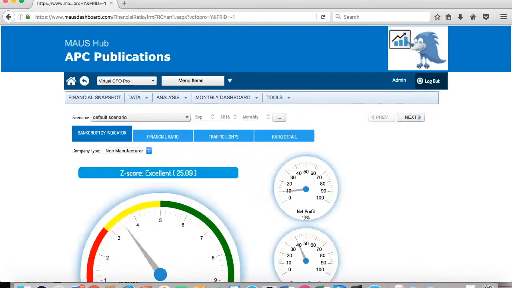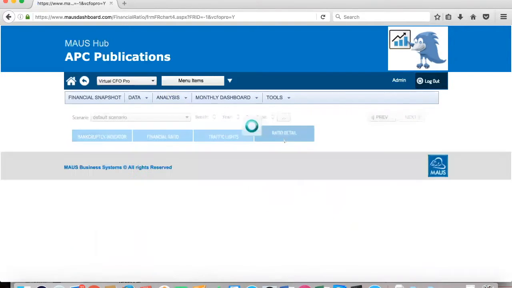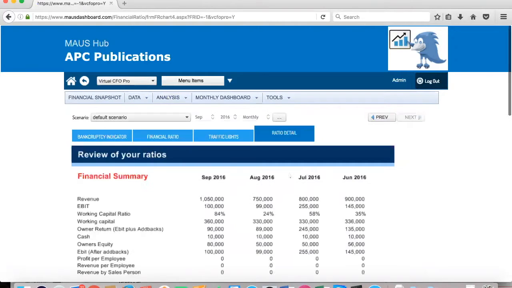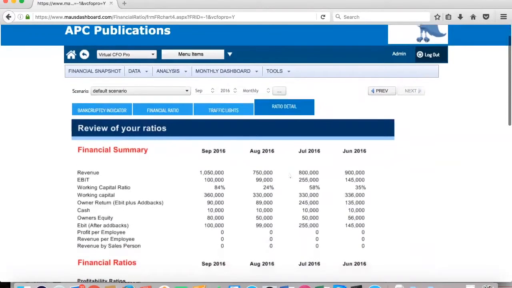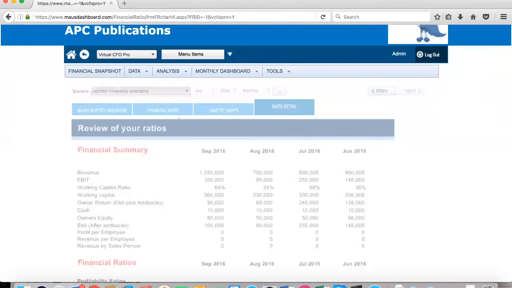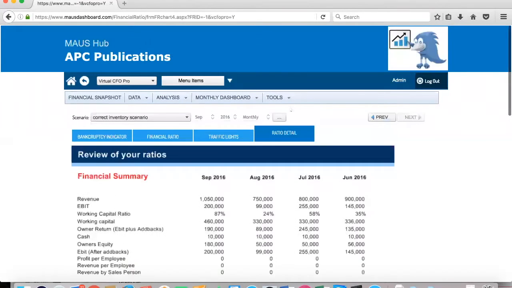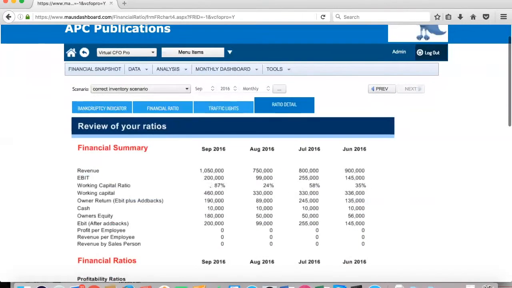We'll check out the ratios. As you can see, I have to pick the right one. We'll see that's now gone up to 200,000. It was only 100 before, so that is now cool.